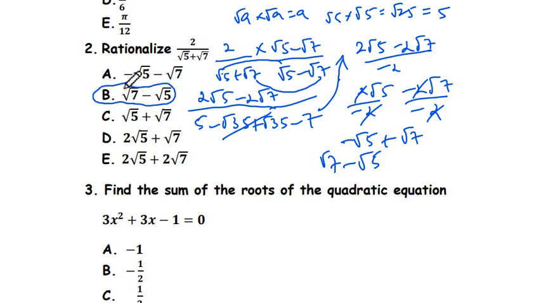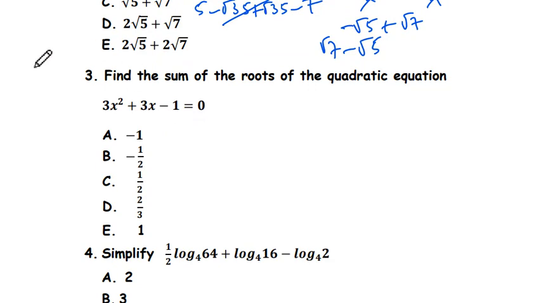Option B here. Then number 3, find the sum of the roots of the quadratic equation 3x squared plus 3x minus 1. Now if you remember, product of roots alpha beta is c over a, then sum of roots is minus b over a.